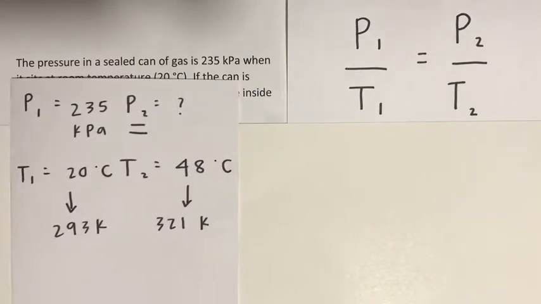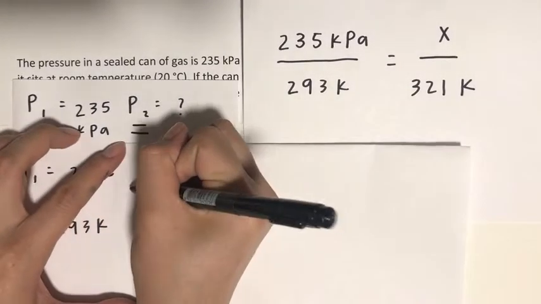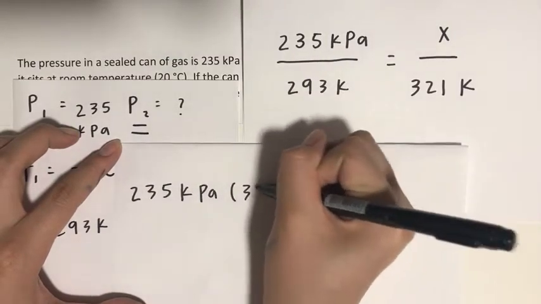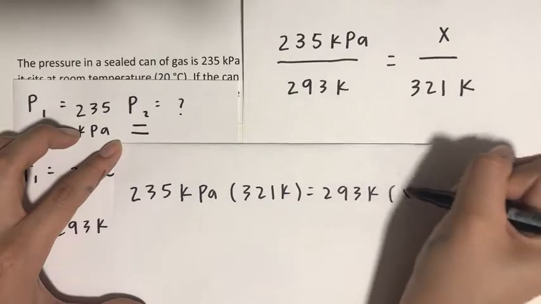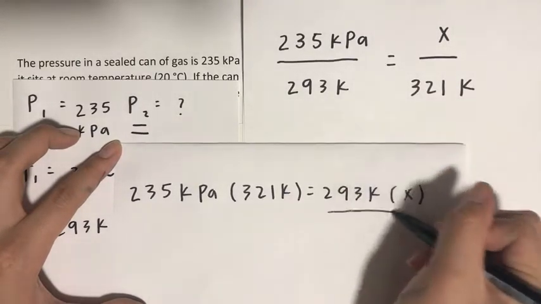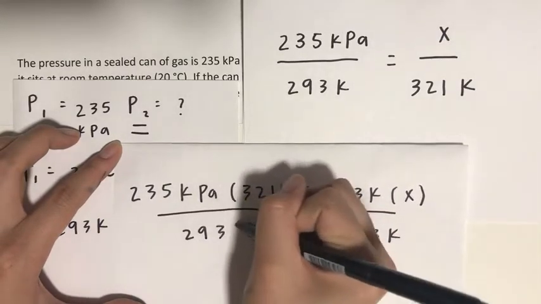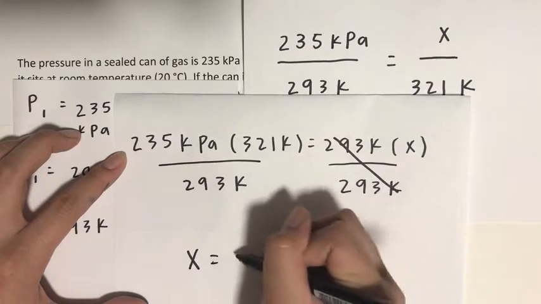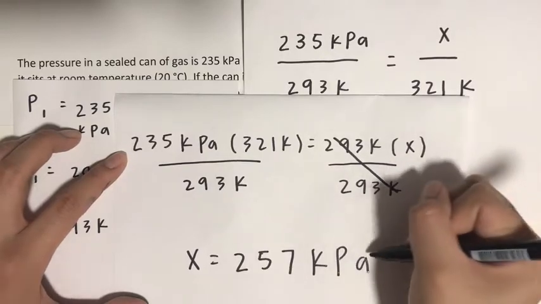After we've done all the necessary converting, we'll work through this problem like any other proportion, and we'll cross-multiply and divide in order to find the missing value. Looks like our new pressure is 257 kilopascals.